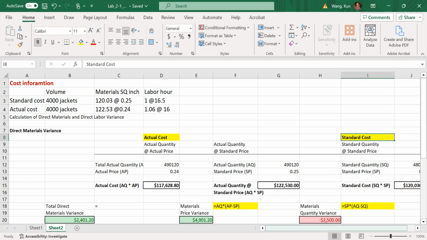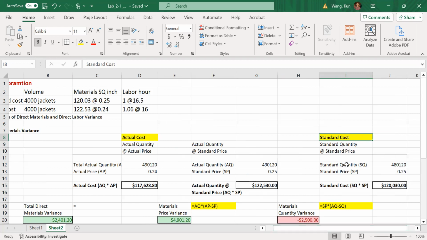So total standard quantity, rather than for 1 jacket only. We give you the per jacket information, so you will remain flexible on the output. We can use the per unit to apply to any volume of production, right? That's how the standard is set up.